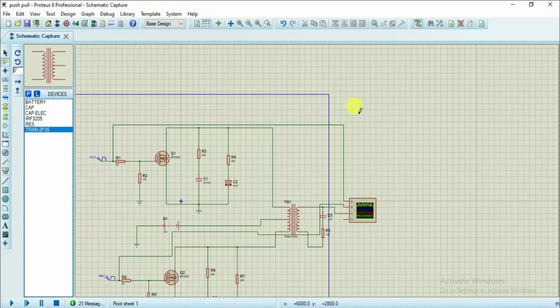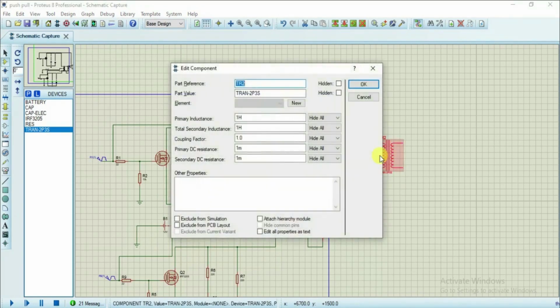If you bring the transformer into this portion, the orientation of the transformer is something like this, and I think you are smart enough to use it in the correct way we need for this experiment, right? You just have to rotate it 180 degrees, and then you will be able to use it the way we have shown in the lab sheet, right?